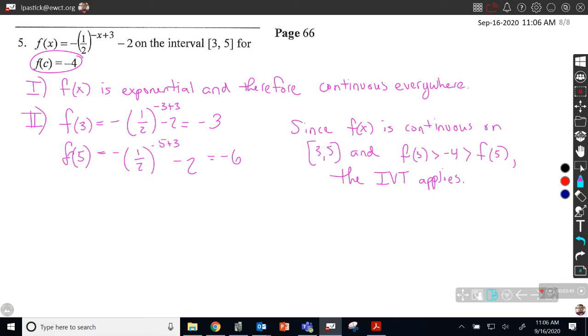Not only does it apply, but it guarantees that we can find an answer to this. We can find our value of c. So let's have at it.